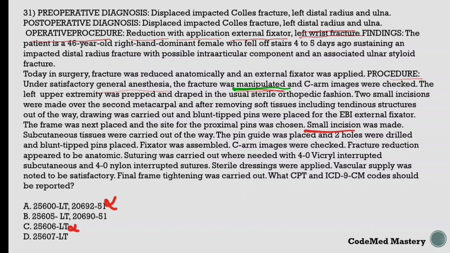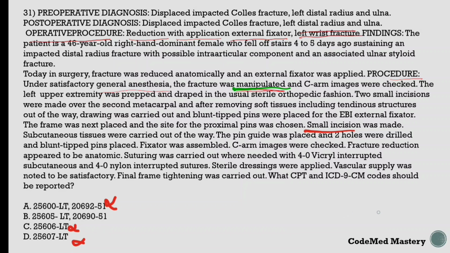They have made a small incision. But by taking small incisions, we cannot code open treatment directly. To code open treatment, they have to mention that the site is opened surgically to expose the fracture. And they should have direct visualization of the fracture site to code for open treatment. So we cannot code open treatment. So we'll eliminate option D.